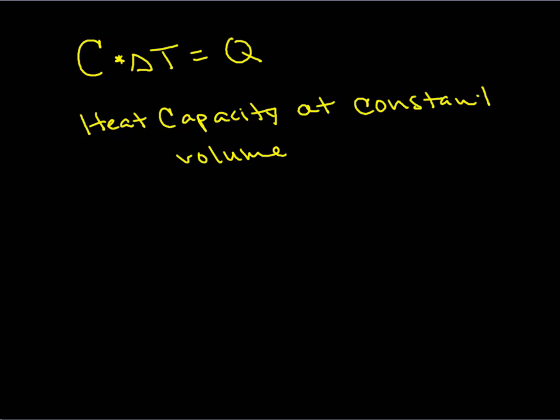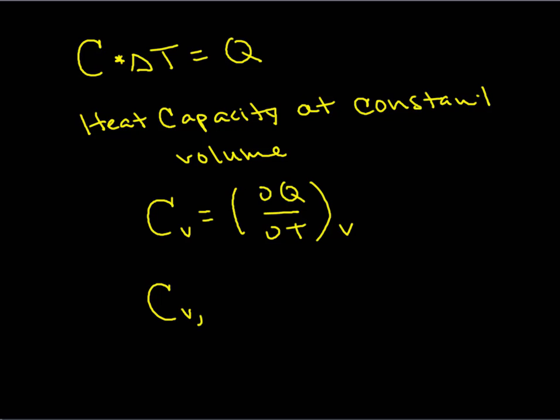What we would say is that C sub v, and that sub v is there for constant volume, is equal to the partial derivative of the heat with respect to temperature at constant volume. And we can also be holding the number of moles constant, so that would be C sub Vm is equal to the partial derivative of q with respect to T at constant V and m.